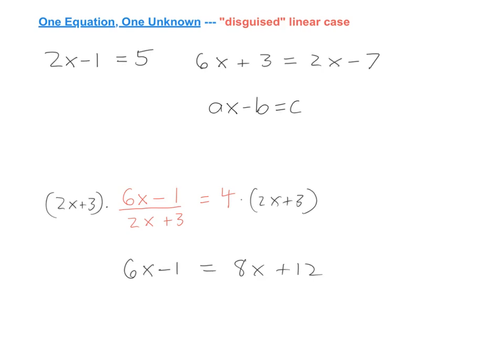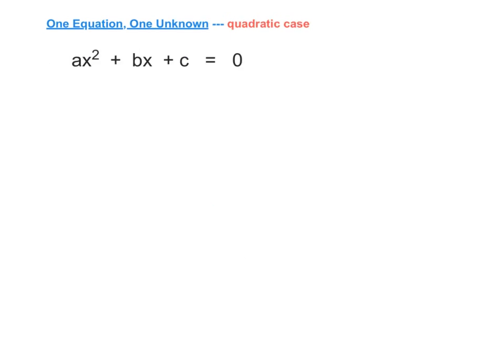And this, we see, is a simple linear equation. Both the left-hand side and the right-hand side are simple polynomials, linear in x: 6x minus 1, 8x plus 12. So we turned what appeared to be not a linear equation, but in fact, it really was a linear equation in disguise.